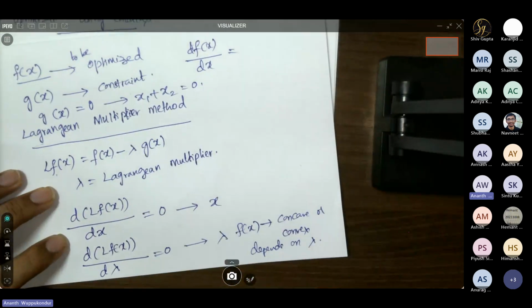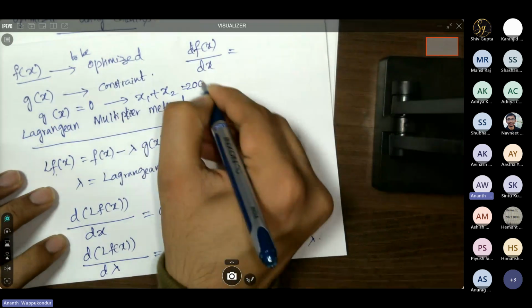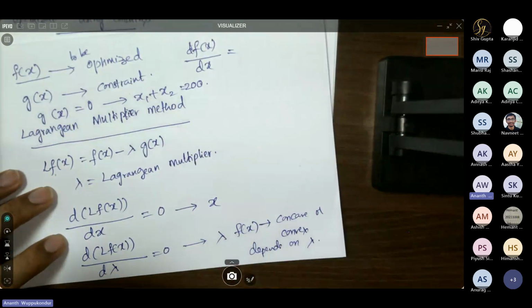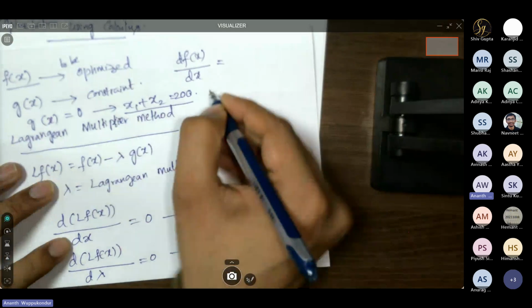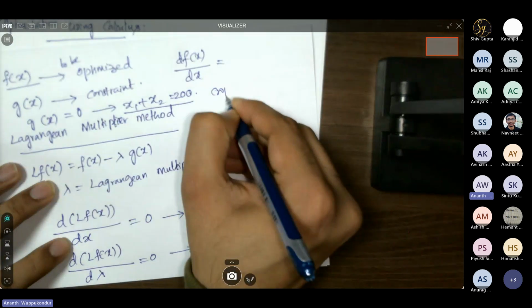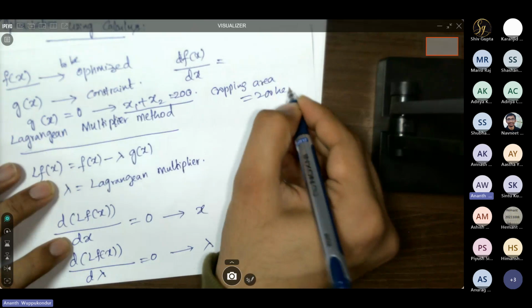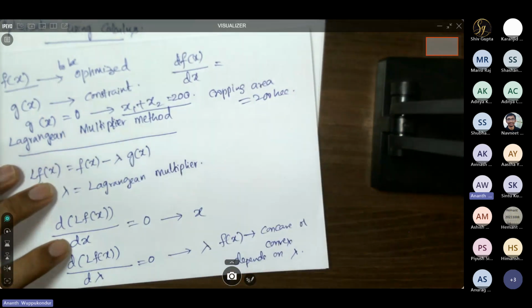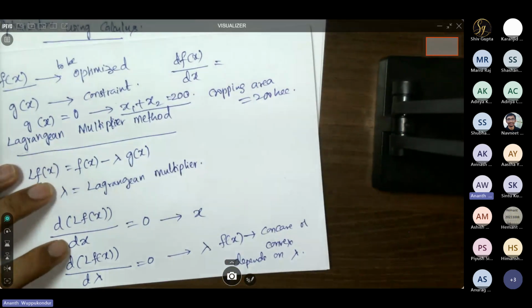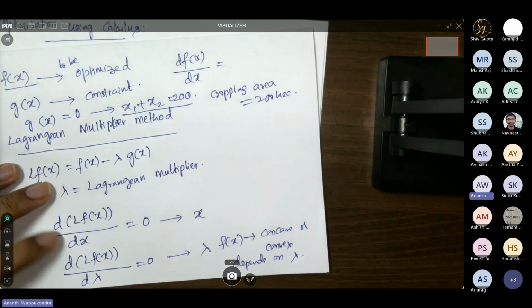So we have a constraint that x1 plus x2 equals, let us say, 200 exactly. So meaning at any given time, the cropping area, or the area on which crops are grown, is always 200 hectares. But it need not be 200 hectares to get maximum benefit. So sometimes it could be only 80 plus 80. So it could be 160. So here we have an equality where x1 plus x2 equals 200.